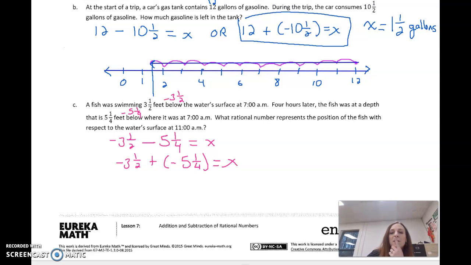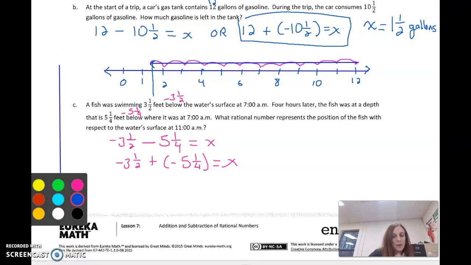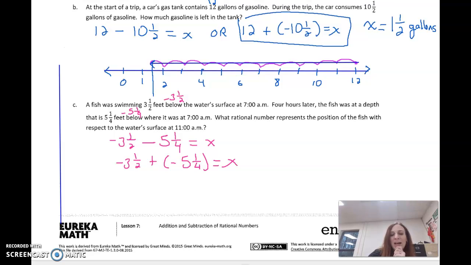Okay, well, the rational number, whether fraction, decimal, or integer, in this case a fraction, represents the position of the fish with respect to the water surface. So I'm going to use a vertical number line for this and squeeze it in here. I know I'm going to start at negative 3.5, and then I'm going to go down 5 1/4 units.